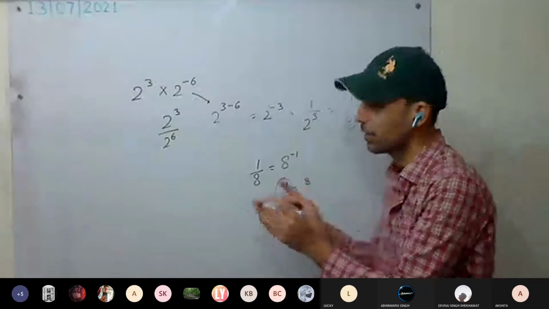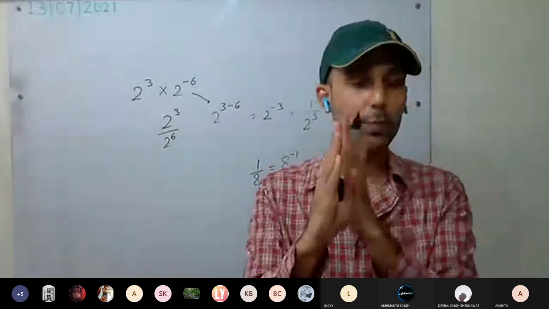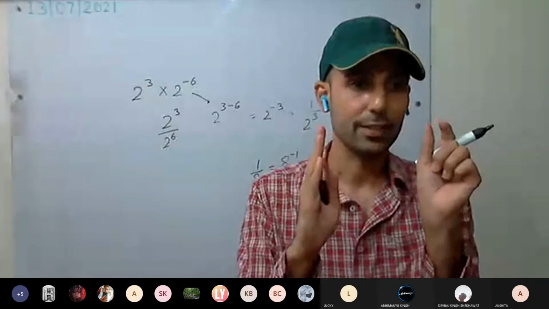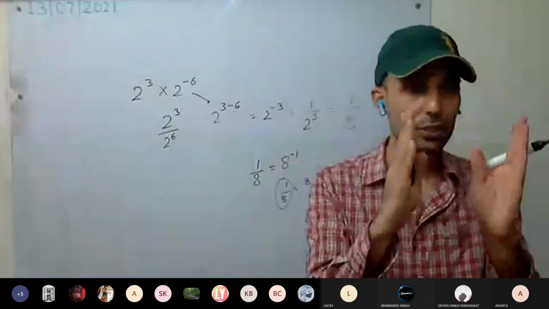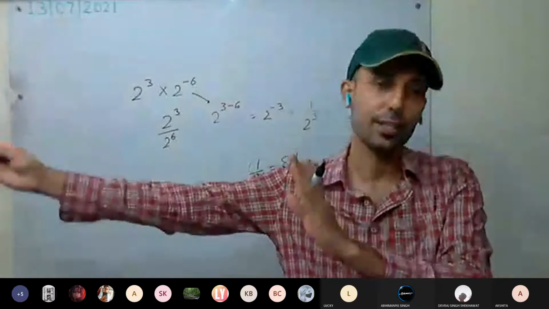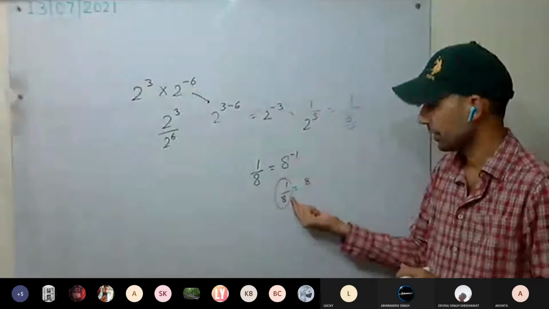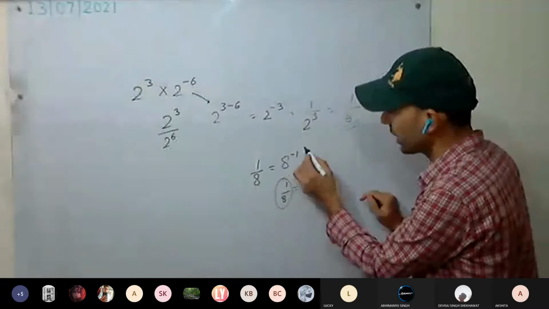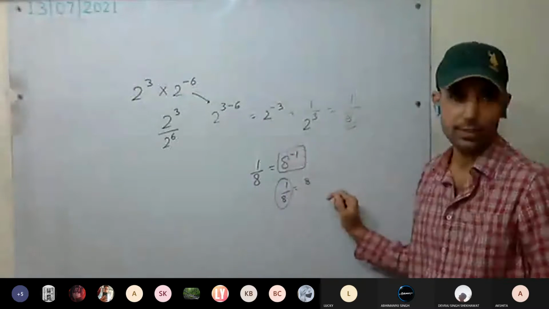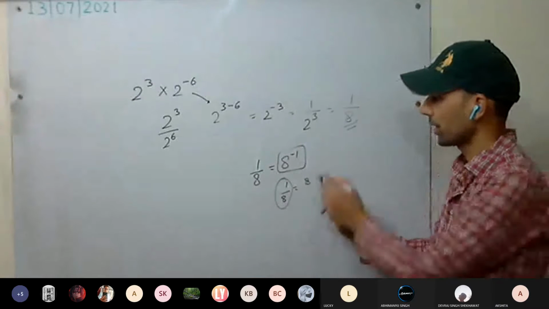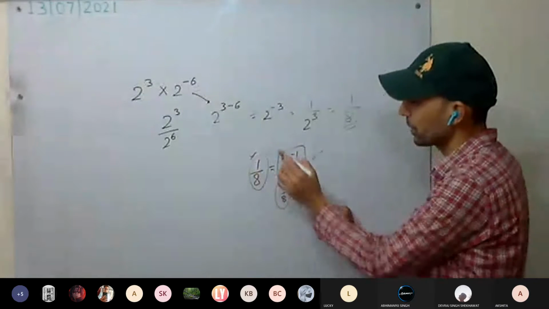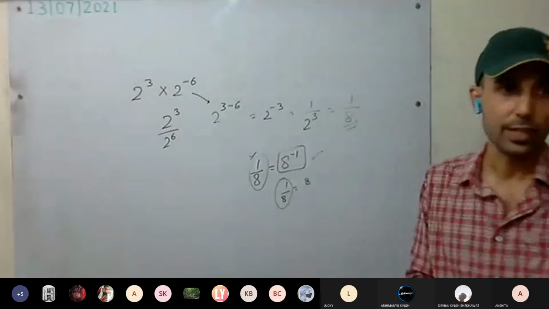What does 1 upon 8 mean? We have 1 divided into 8 parts, so each part is 1 by 8. And 8 means this has to be multiplied 8 times. They are different. So we can write 1 by 8 like this, 8 raised to power minus 1, but it's better to keep it like this. Understood?